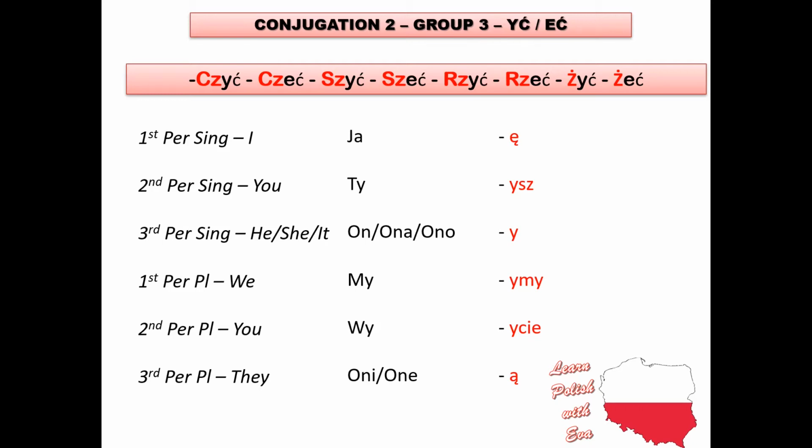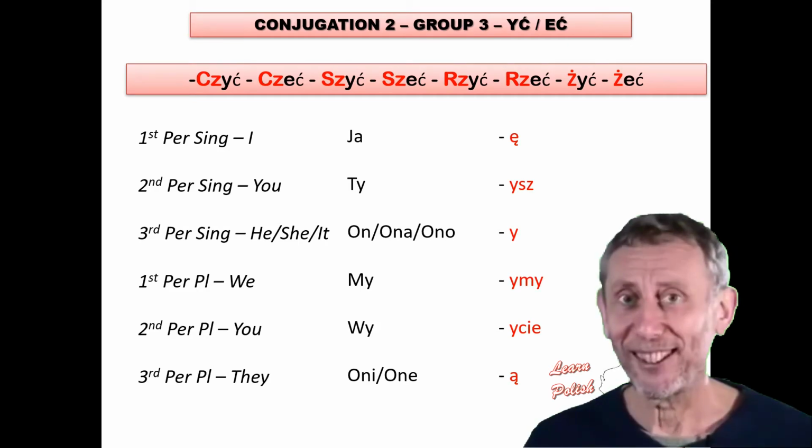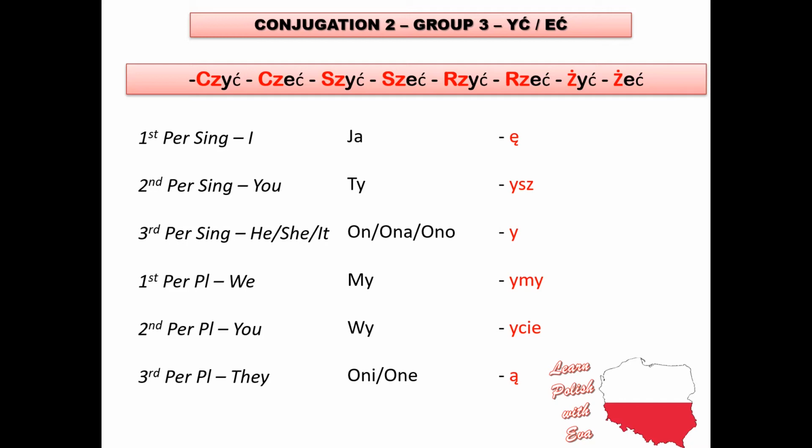They're all marked here in red, but the easy trick with this group was to remember that they are always connected to the special Polish double letters, or the special Polish letter Z. Okay, and that's the trick to remember this group.